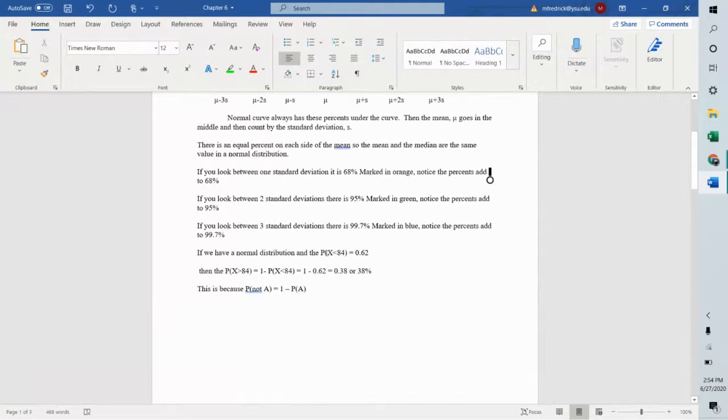So if the probability x is less than 84 is 0.62, and we want the probability that it's greater than 84, you take 1 minus the probability it's less than 84, which gives you 0.38 or 38%. And this is the formula. This is because the probability of not A equals 1 minus the probability of A.